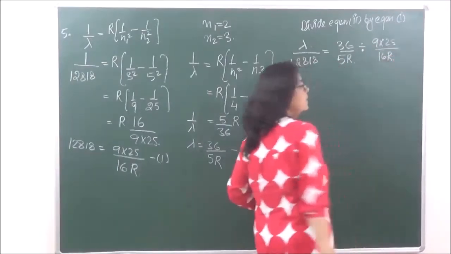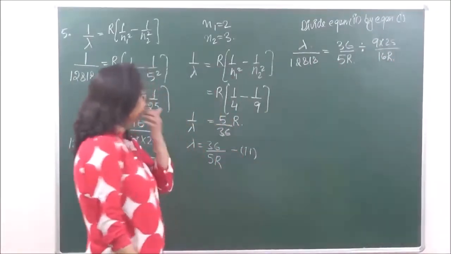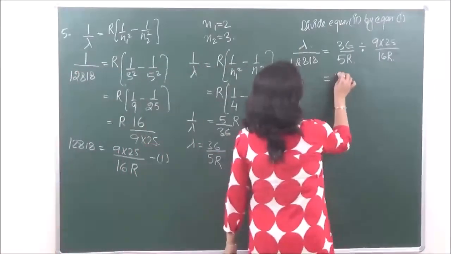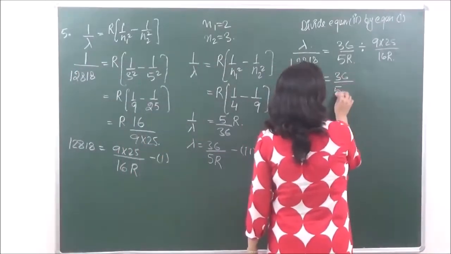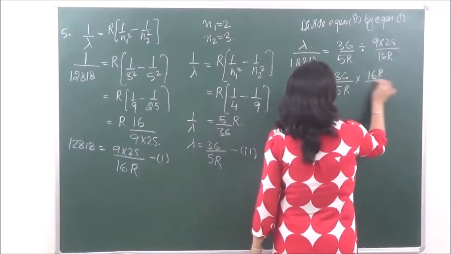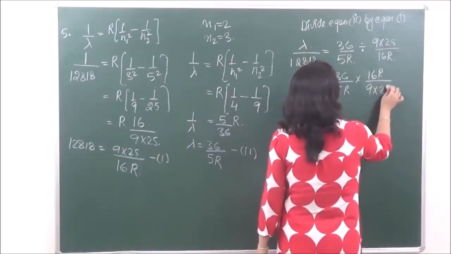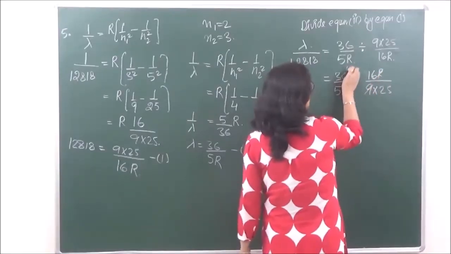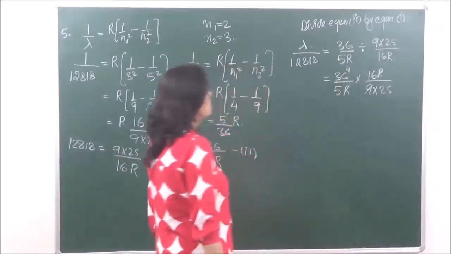This is what we are going to get. So let's calculate over here. We will get 36 upon 5R into 16R upon 9 into 25. This and this get cancelled. 9 4s are 36.